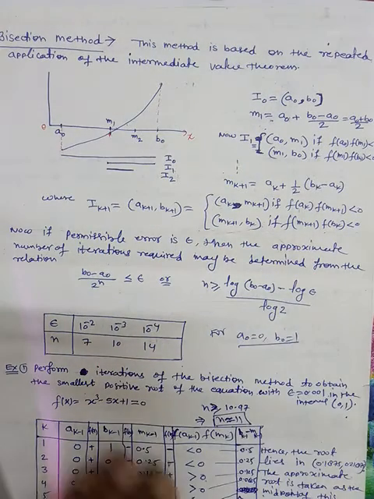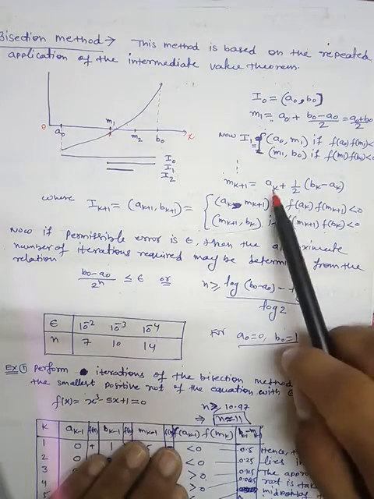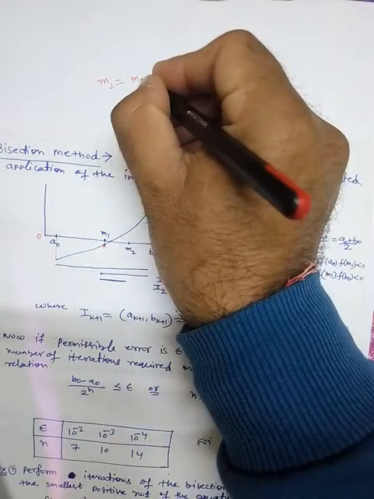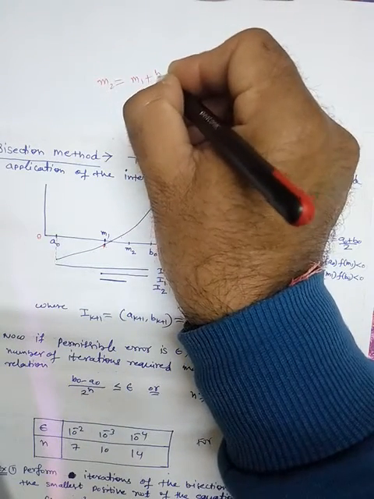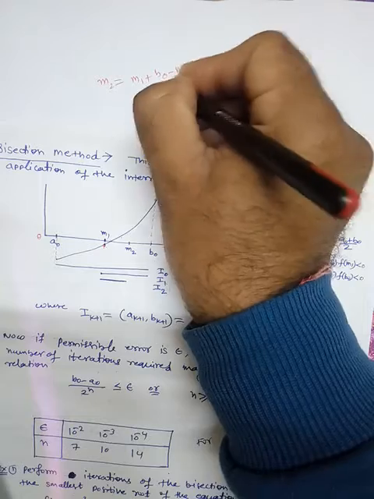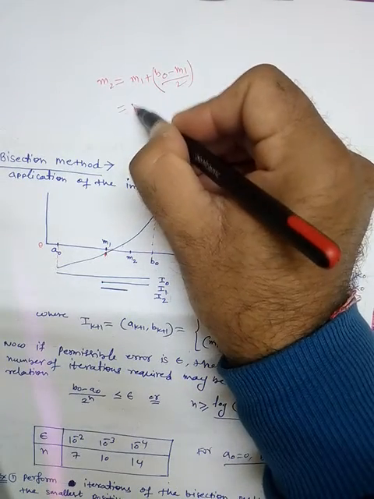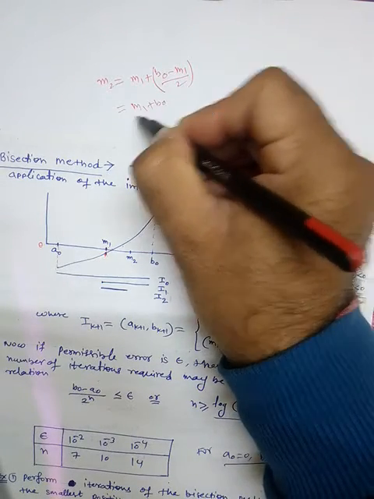M1 plus B0 by 2, or we can say that M2 is equal to, for example according to this figure, M1 plus (B0 minus M1) by 2, or M1 plus B0 by 2.